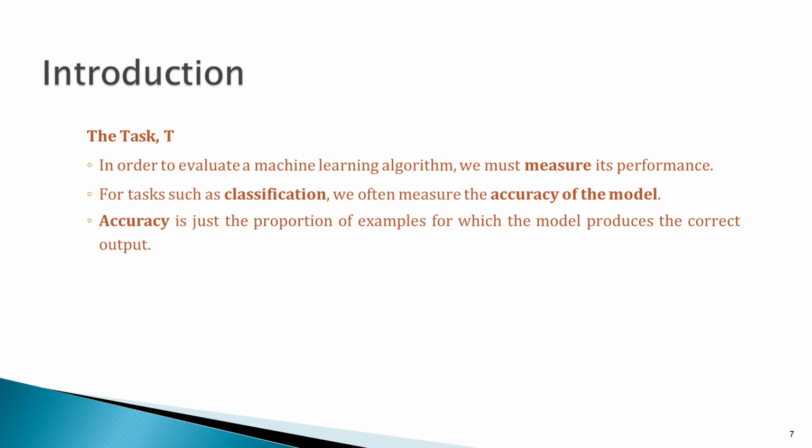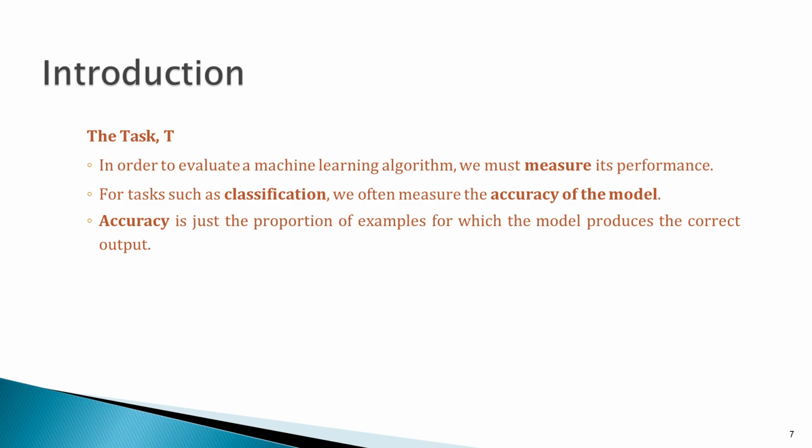So for the task T, in order to evaluate a machine learning algorithm, first of all, as I told you, we must measure its performance. In a simple example like classification, when we are going to deploy the model, we have to measure the accuracy of the model.